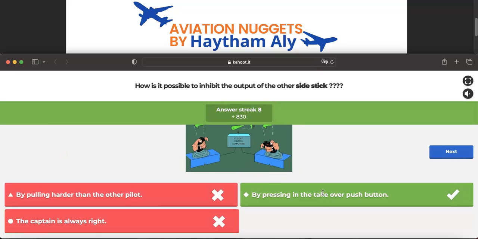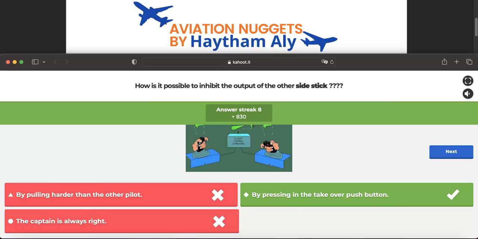By pressing the takeover push button, yes. We have on the side stick a red push button. This red push button may be used to disconnect the autopilot or to have priority. To have priority is the same as to inhibit the output of the other side stick. How can you take priority?